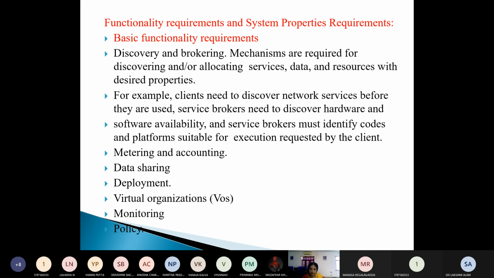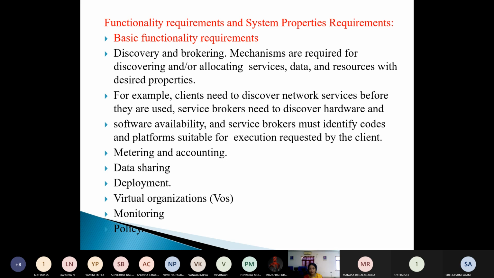In these basic functionality requirements, we have discovering and brokering mechanisms. The mechanisms are required for discovering and allocating the service, data, and resources with desired properties.